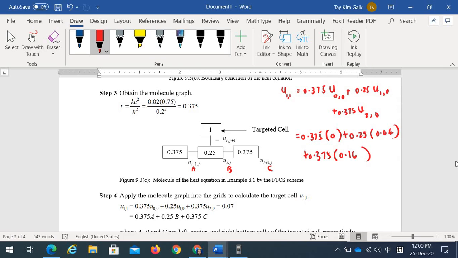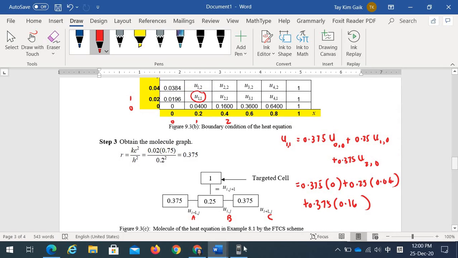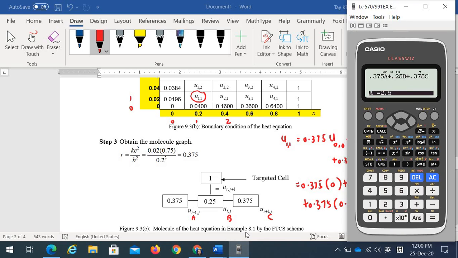When I calculate U11, my left bottom cell is 0, center bottom 0.04, right bottom 0.16.